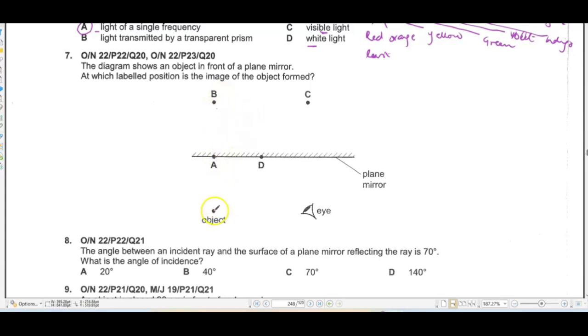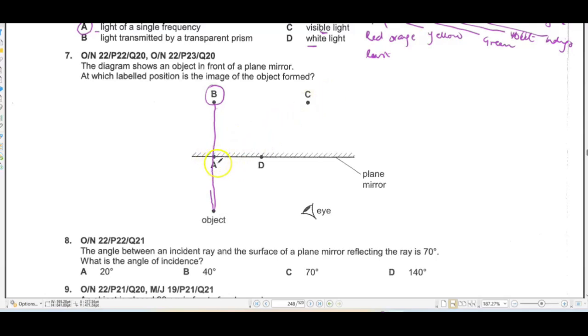So if this is the object, then its image should be in the same line. And it should be at the same distance that the object is from the mirror. So the image distance and the object distance from the mirror should be the same. So B is the only option that satisfies all our rules.